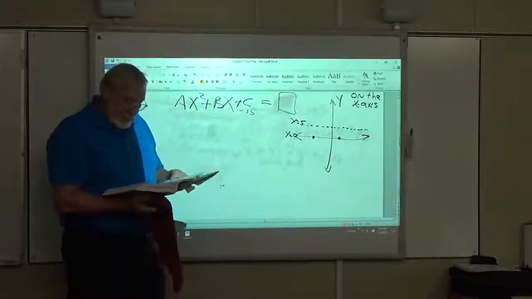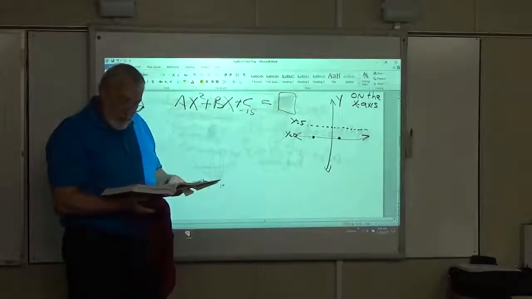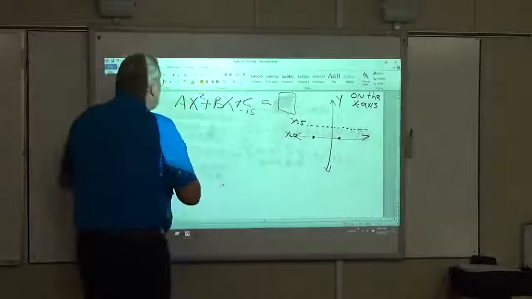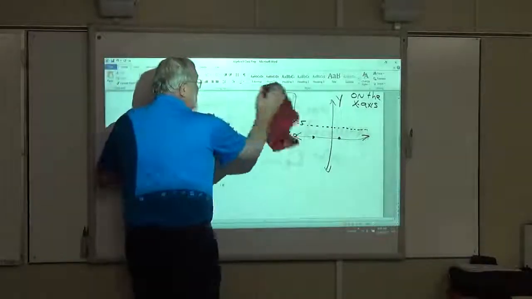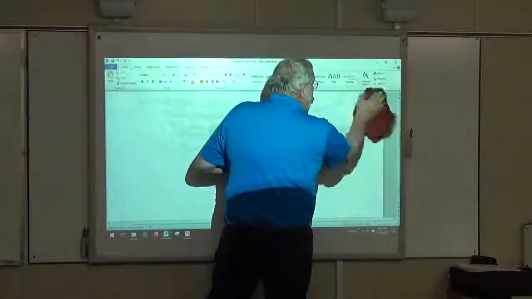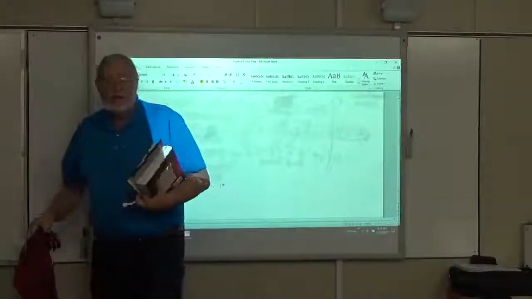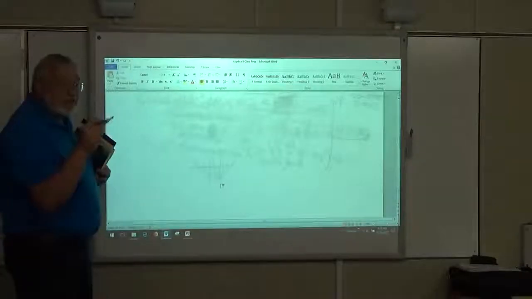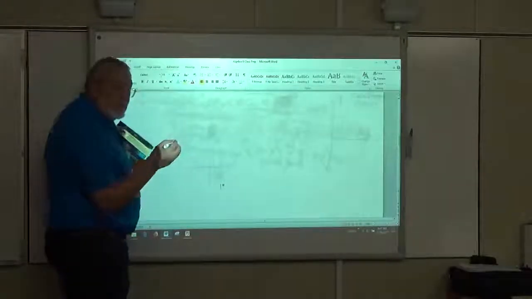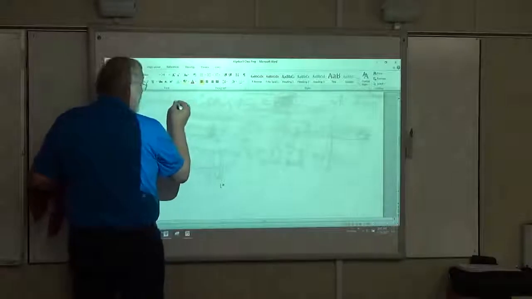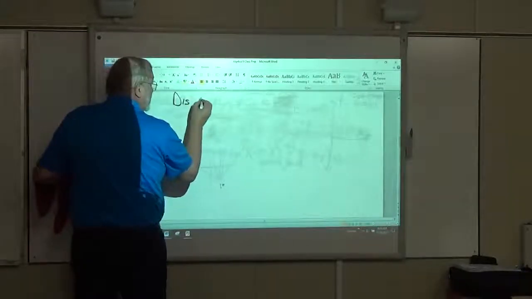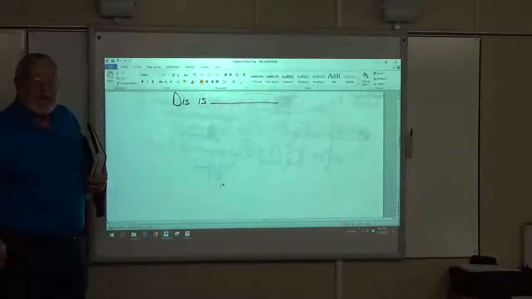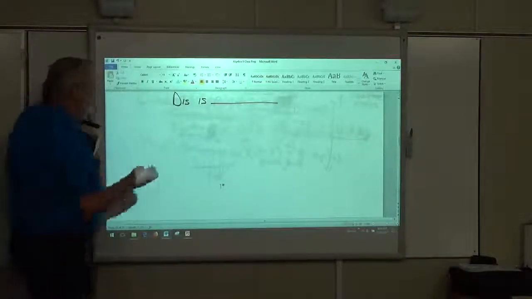Now, suppose it gives another quadratic equation and says use the discriminant. What are the things about the discriminant that you're supposed to know? If you use the discriminant, you have four possibilities.